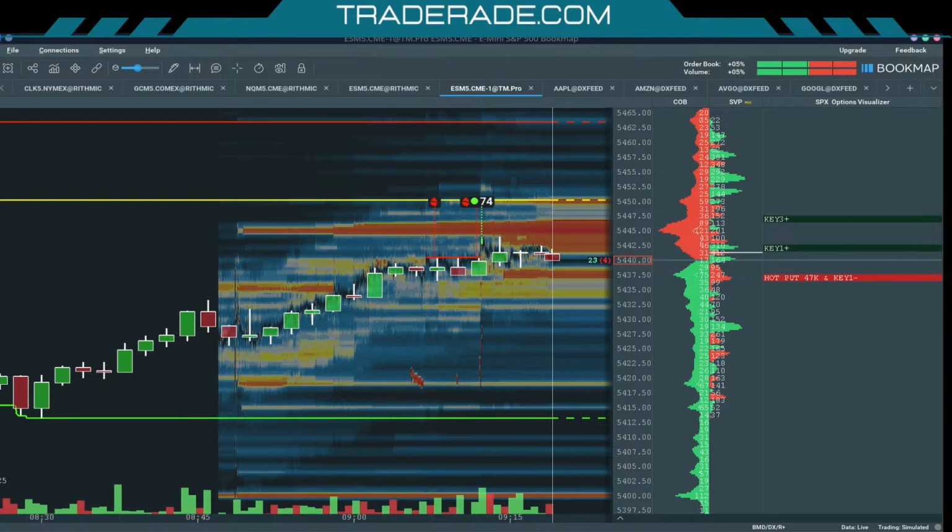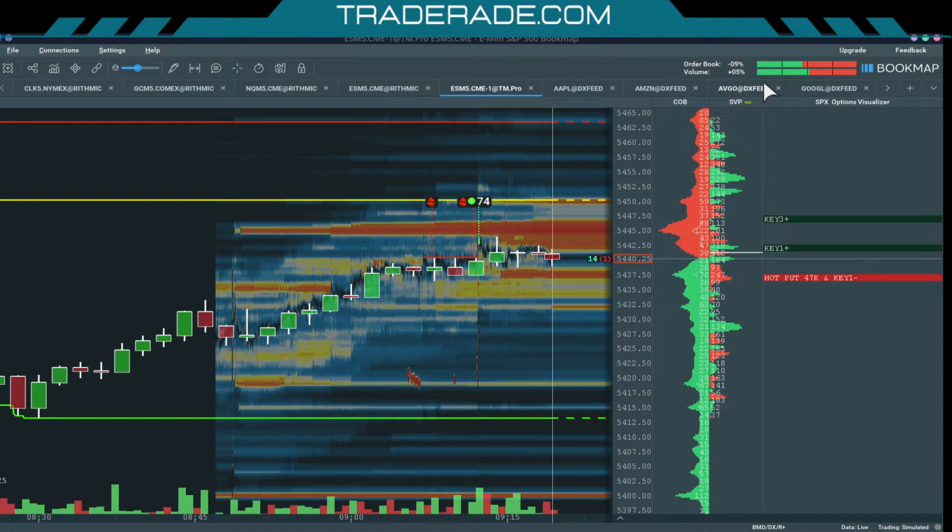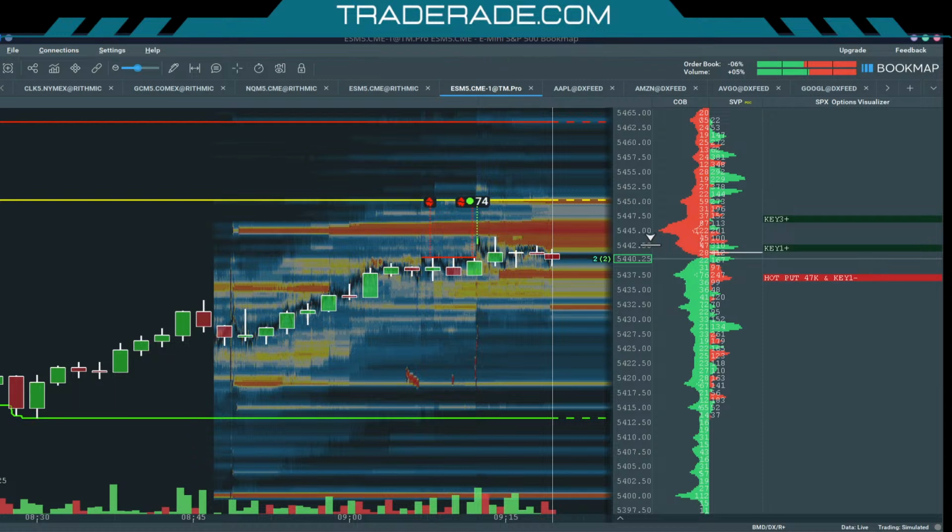All right, so on this heat map that we see on the screen, what you're seeing is liquidity on bid and on offer. This big red zone right here corresponds to the current order book. And the current order book is showing you where there's interest overhead and below in price.